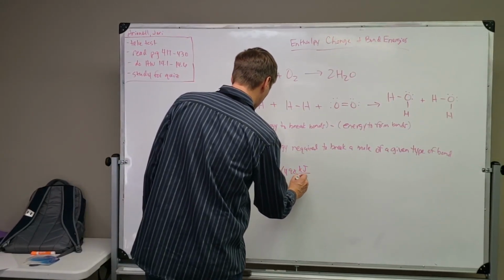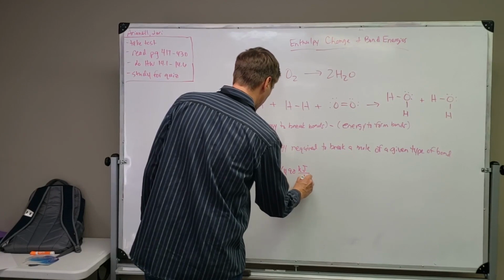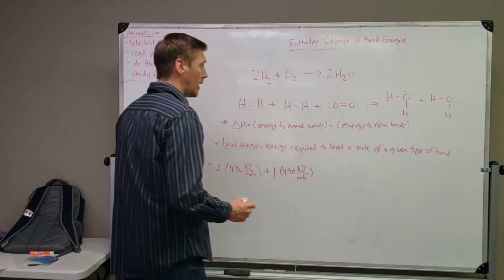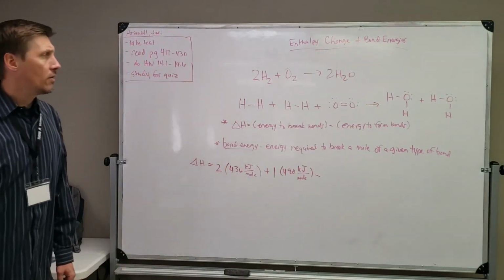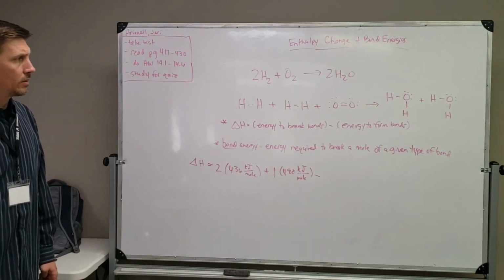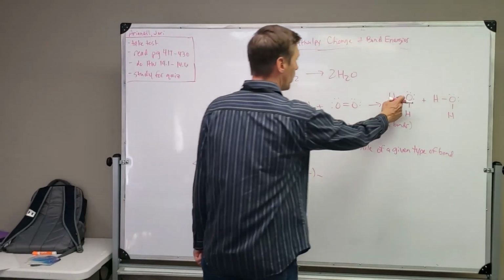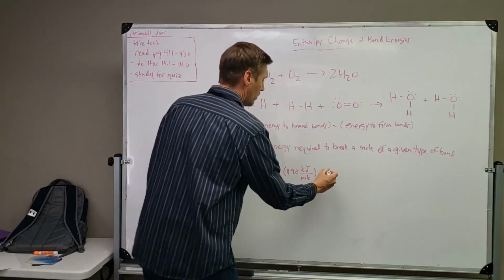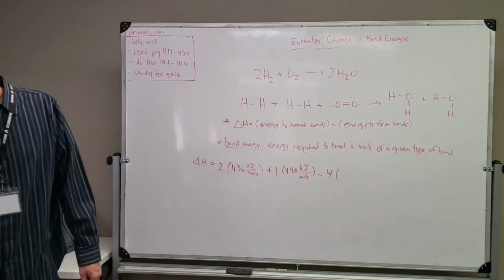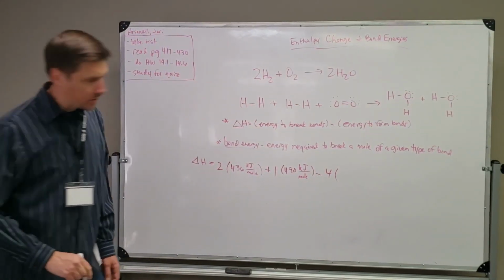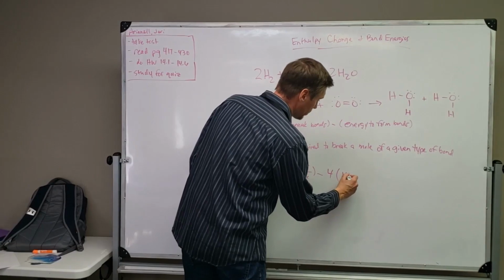So 2 oxygens double bonded together is 498 kilojoules per mole. And then you subtract out the energy to form the bonds. On this side, we only have 1 compound, but for this compound, we have 4 bonds between H and O. And so that's 460 kilojoules per mole.